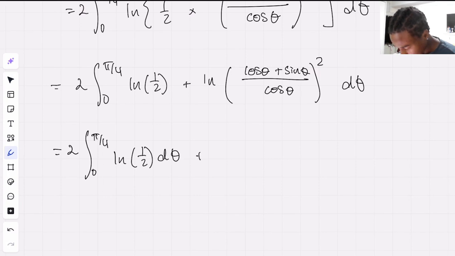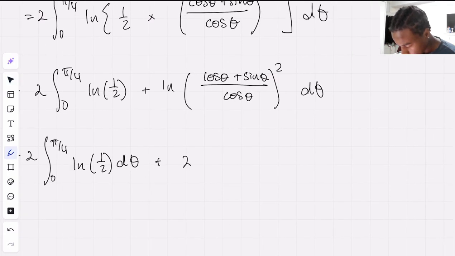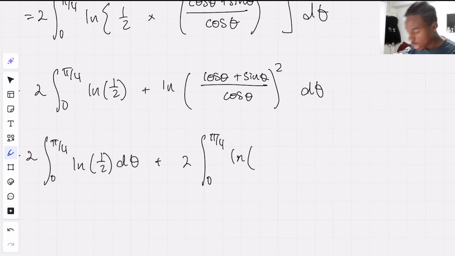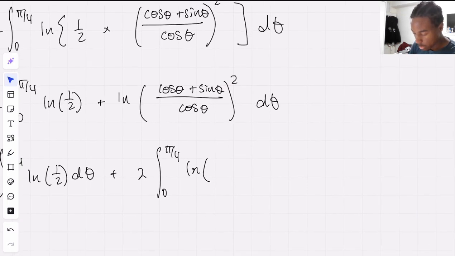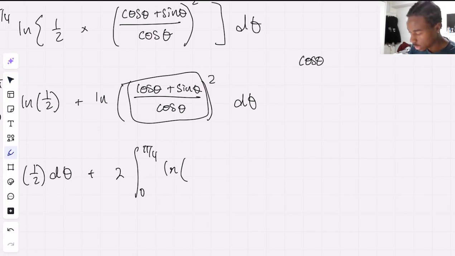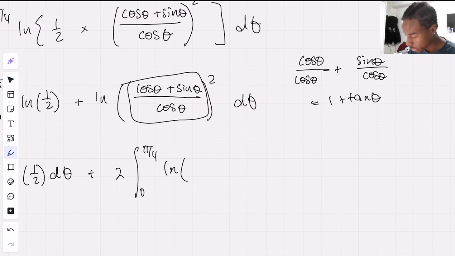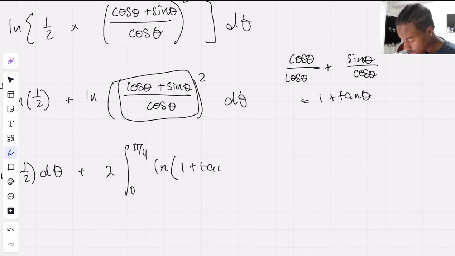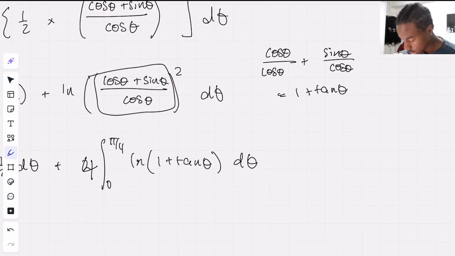It's 2 times the integral from 0 to pi over 4 of ln, and if I split this fraction up into cos theta over cos theta plus sine theta over cos theta, that's 1 plus tan theta. So I have ln of 1 plus tan theta, and that squared can come down, and this becomes a 4, d theta.